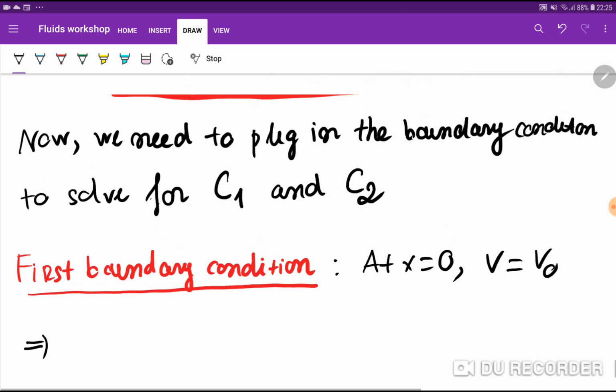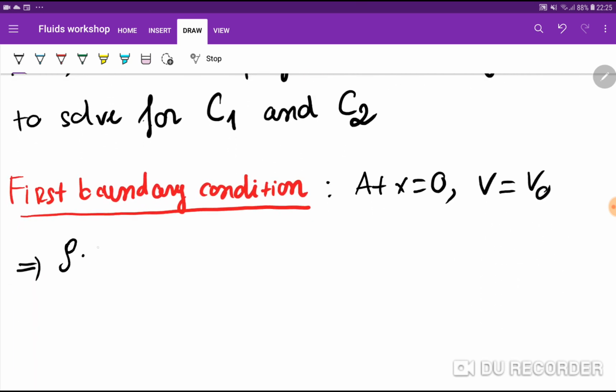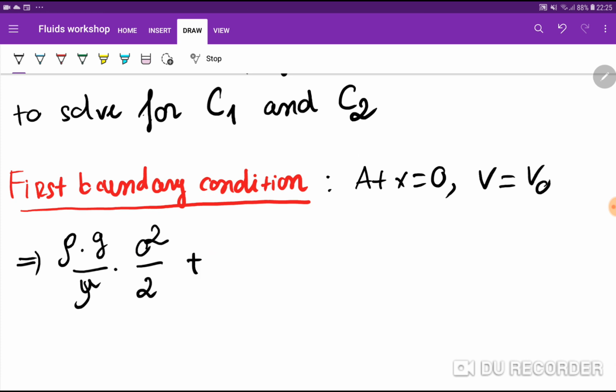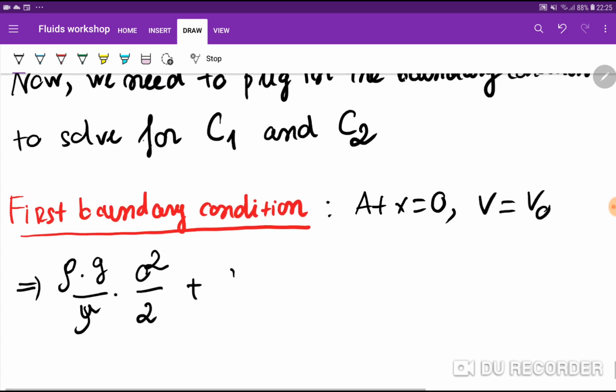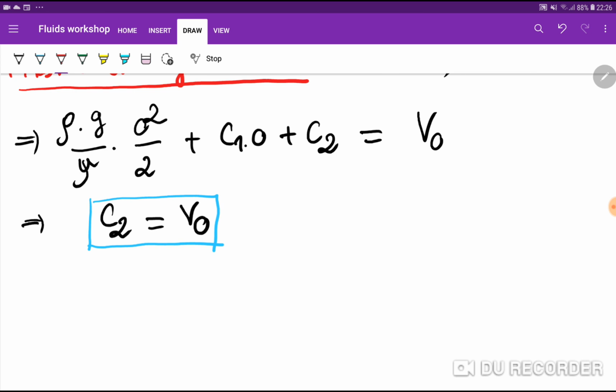So we substitute x equals 0 into v: rho chi over mu times 0 squared over 2, plus c1 times 0, plus c2 equals v0. That means c2 equals v0. Wonderful, we have obtained c2. How about c1? We need another boundary condition.